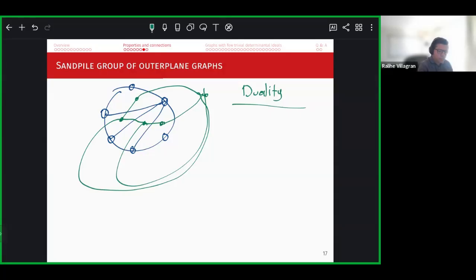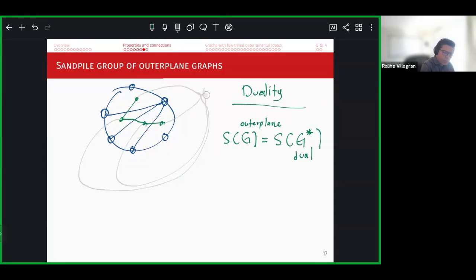So actually, the sandpile group of an outerplane graph, and actually every planar graph, if we think about its dual graph, but then we reduce it, meaning we erase the vertex corresponding to the outer face, then for outerplane graphs, we know that this is always a tree.